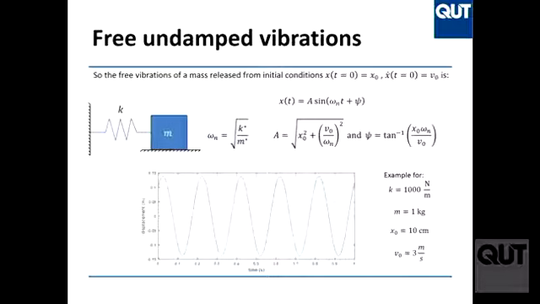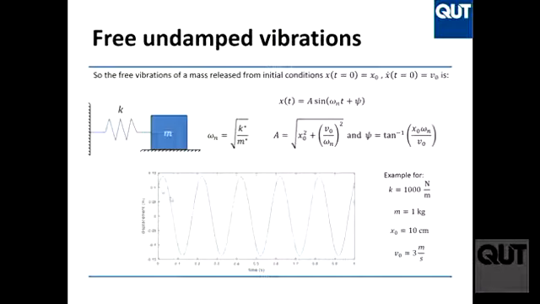Another suggestion in general: when you see a function, the best thing to do is draw it and understand what it is. This shows you in time how the displacement x changes. I've done an example with k equal 1,000, m equal 1, x0 equal 10 centimeters, and v0 3 meters per second.